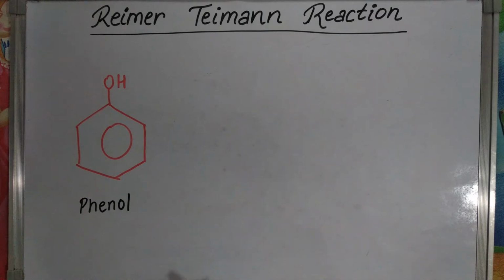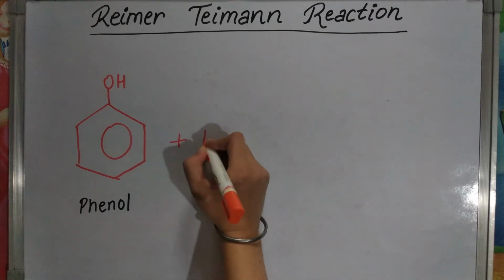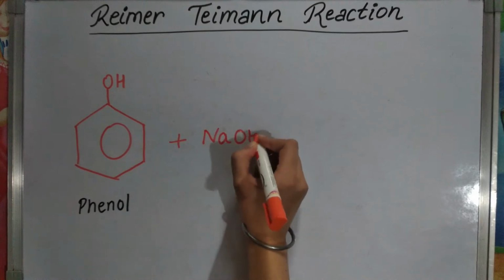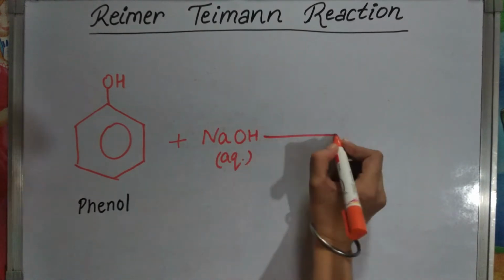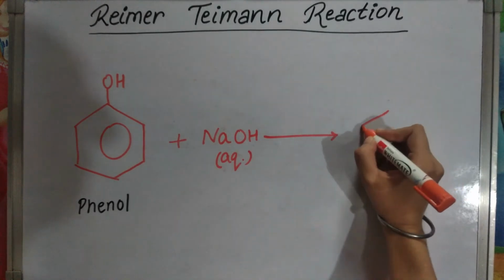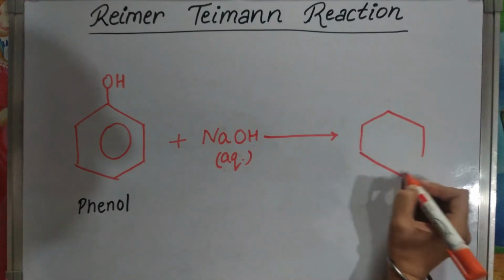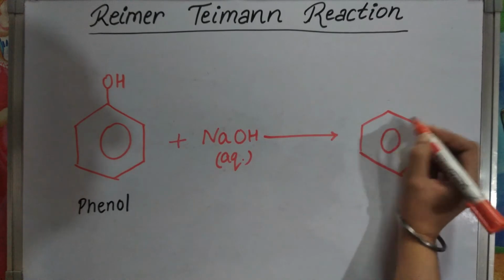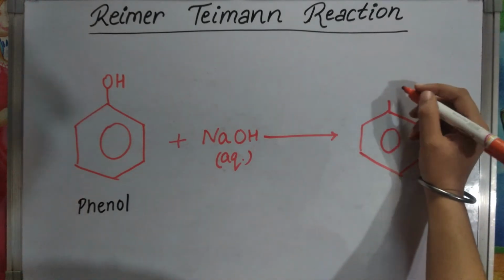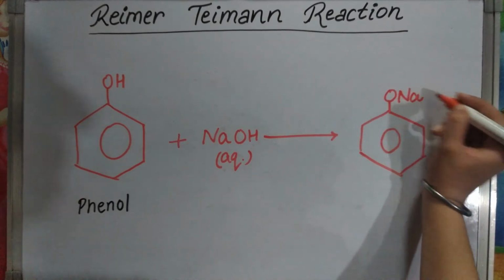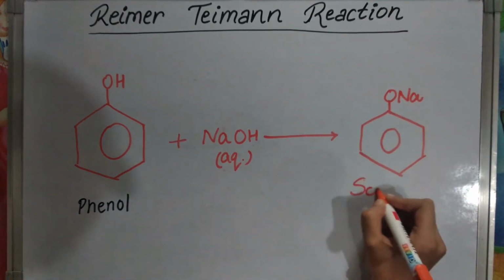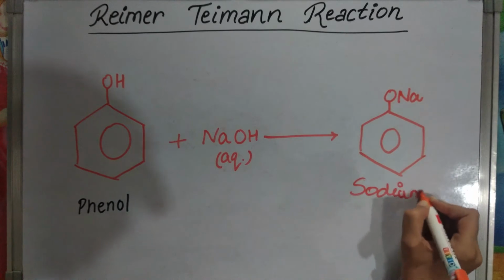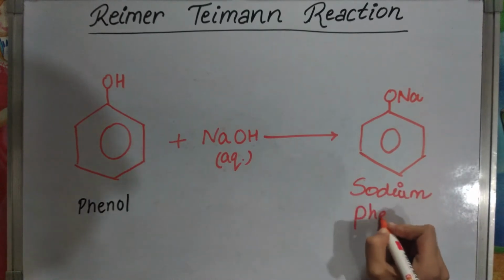Here we have phenol. We'll add NaOH, that is sodium hydroxide, which should be aqueous, to phenol, and the reaction proceeds like this. We get sodium phenoxide, that is ONa on the benzene ring. This is called sodium phenoxide.